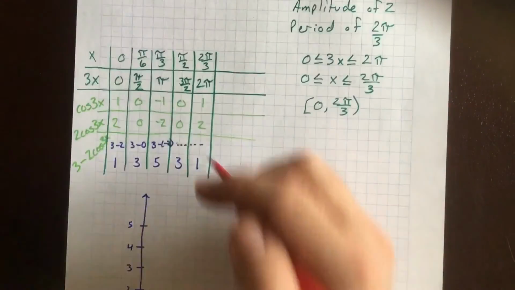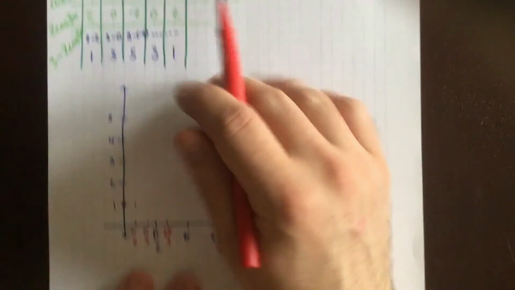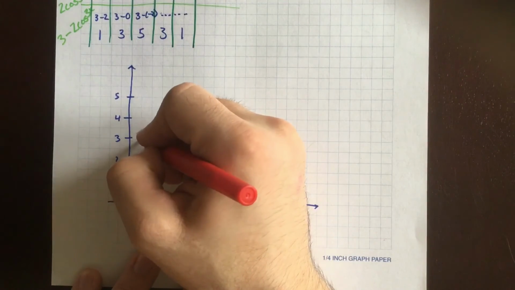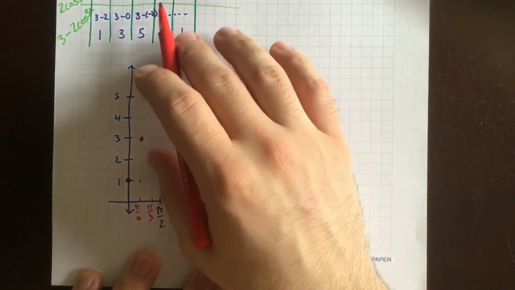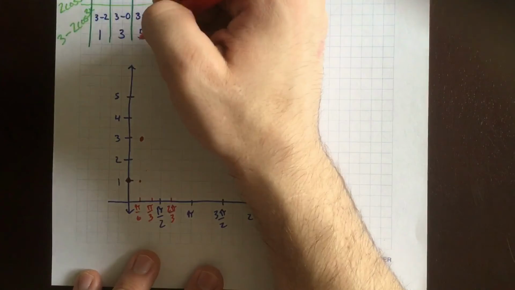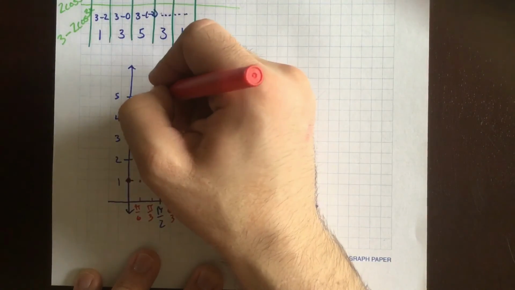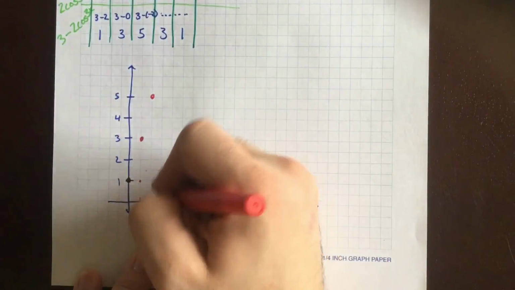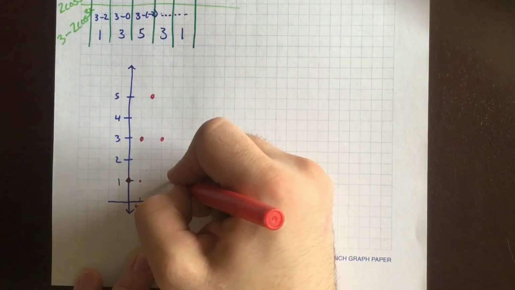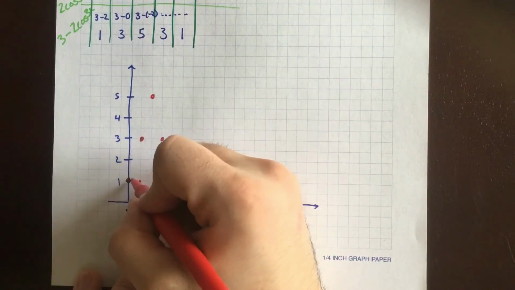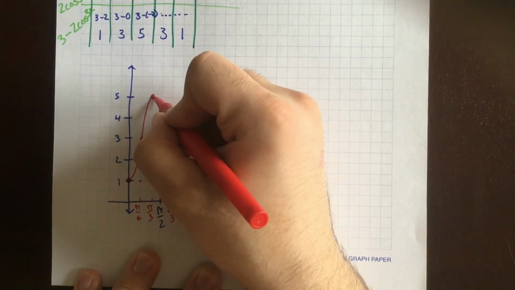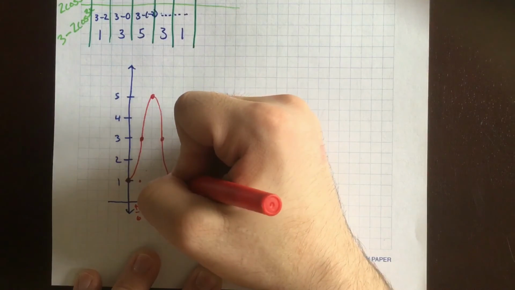At pi over 6, we're at 3. At pi over 3, we're at 5. Pi over 2, we're at 3 again. And 2 pi over 3, we're at 1. So this is cosine, remember? So it should make sense that we're getting this shape. So I can continue this.